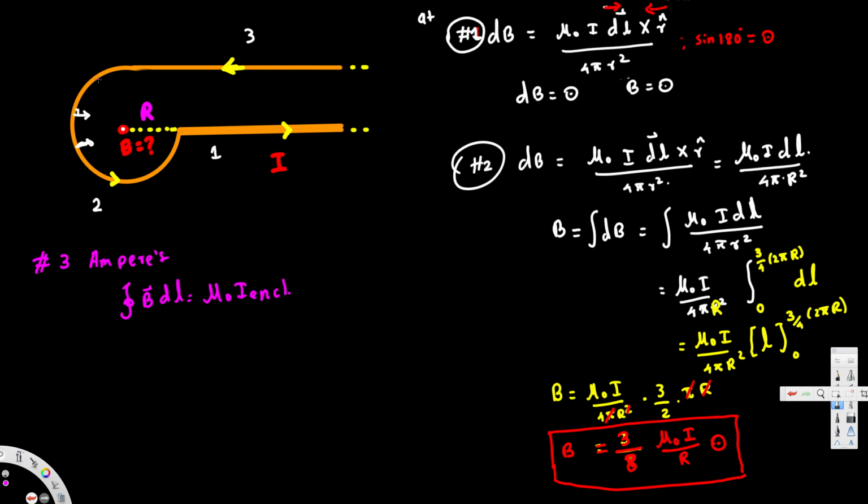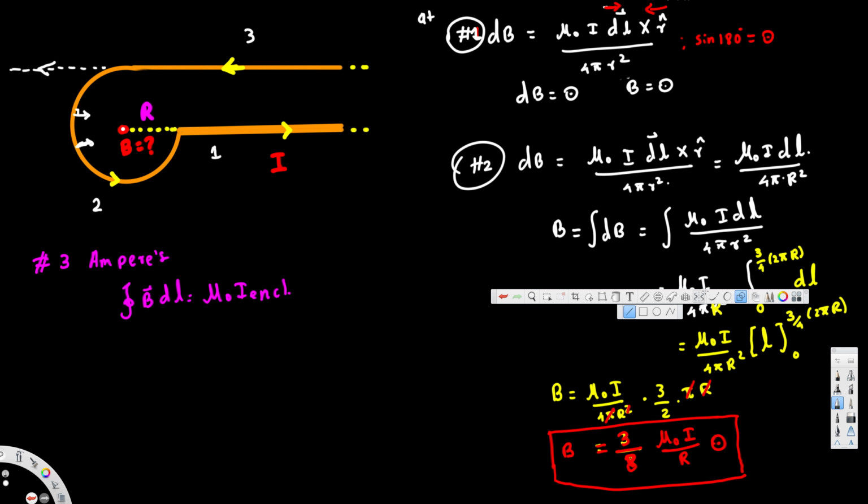But here what we have to do is imagine this like a very long straight wire. To do that, we are going to think like this wire goes like this all the way right here. And then we have to think of an imaginary circle. For the Ampere loop, we have to think of an imaginary Ampere loop that is going to look like this.